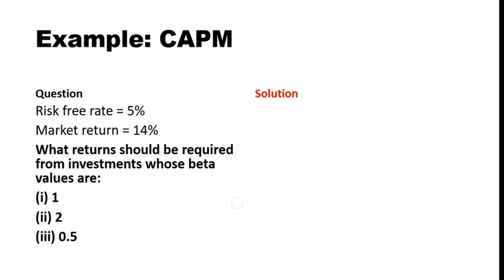The risk-free rate is equal to 5%, market return 14%. What returns should be required from investments whose beta values are 1, 2, or 0.5? We know that the CAPM formula is ER is equal to RF plus beta times RM minus RF.